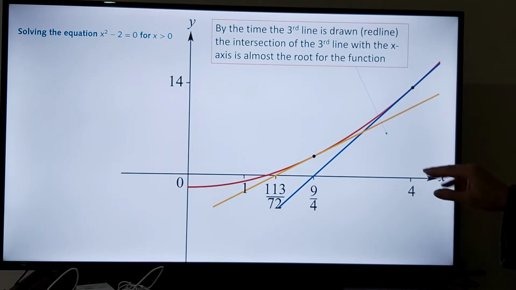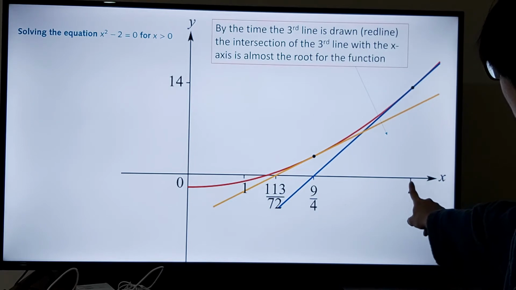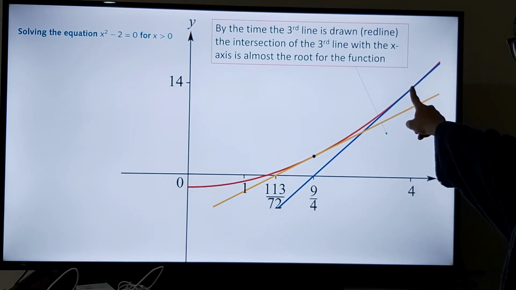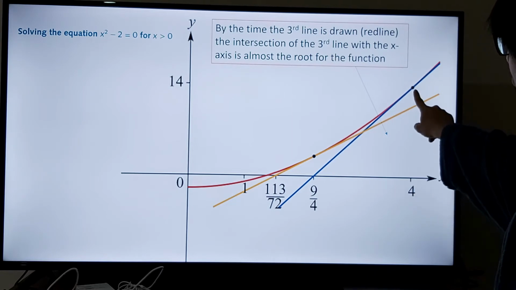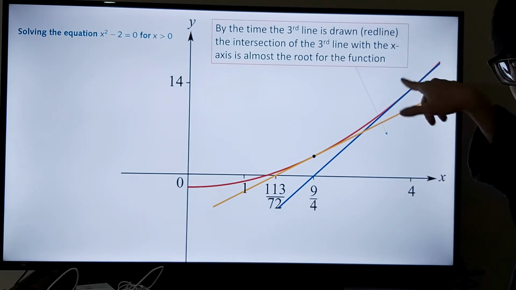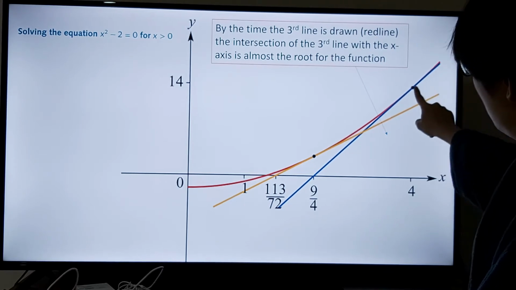Now, let's say I start with 4. With this 4, I have a point over here. Am I right? This point has x equals 4, and y will be f(4). With this point, I will draw a tangent.